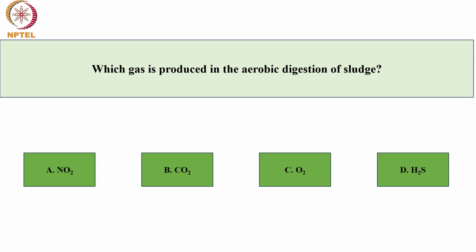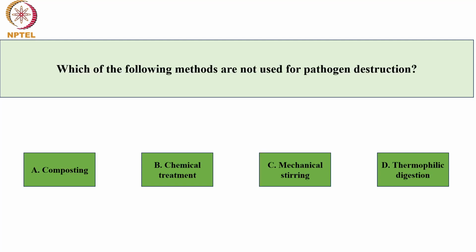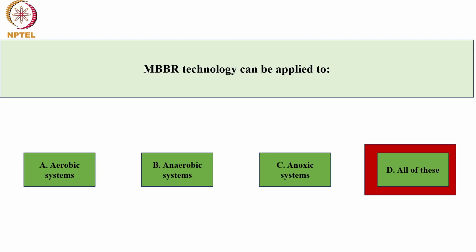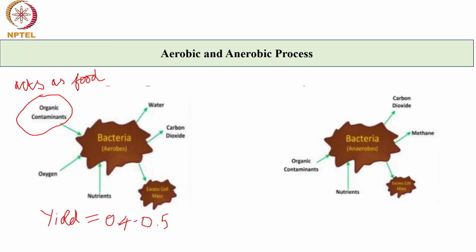See here, I'll go to the first slide. CO2 is produced basically. Now, how will hydrogen sulfide and NO2 be produced?